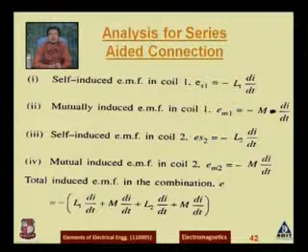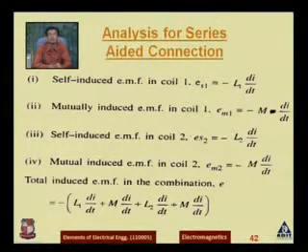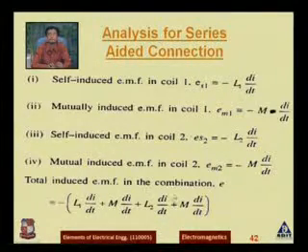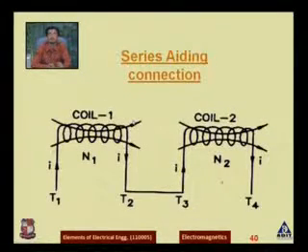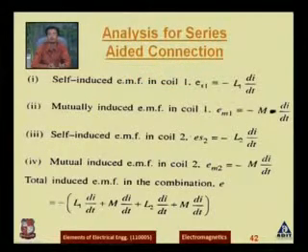So this one is the analysis for the series aiding connection. Whenever we do the series aiding connection, what does it mean? That the mutual inductance is the same in both directions and the induced EMF is also the same. So for the series aiding connection, in this circuit, what can we find? The coil has a self inductance and also a mutual inductance.